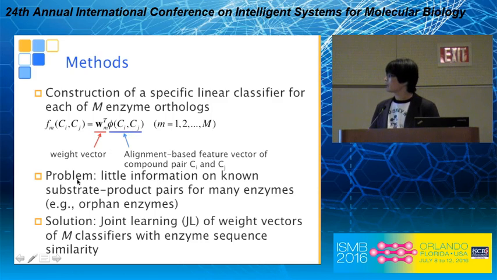The problem is there is little information on non-metabolic substrate-product pairs for many enzymes. So we solved this problem by using joint learning (JL) of the weight vectors of M classifiers with enzyme sequence similarity.